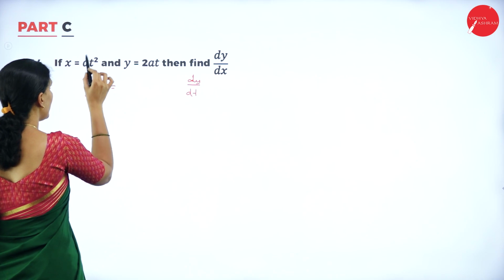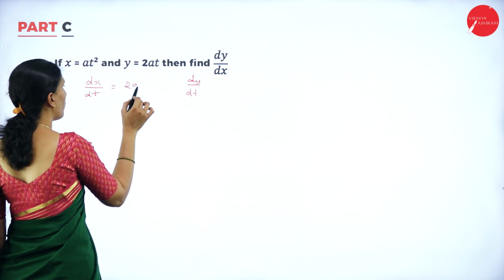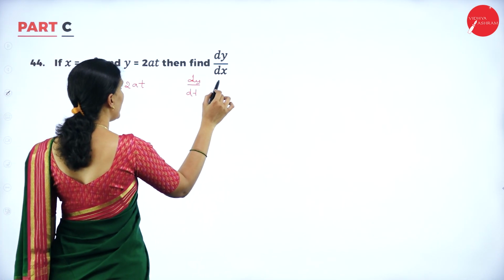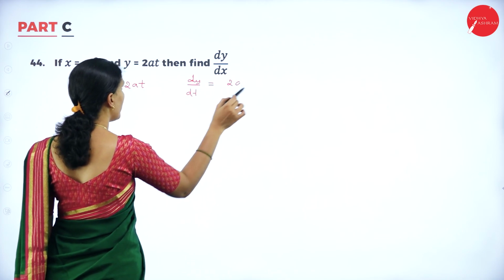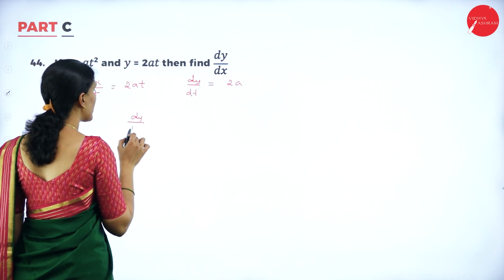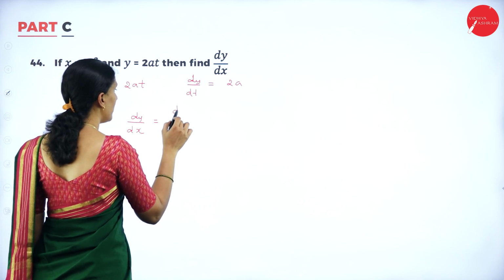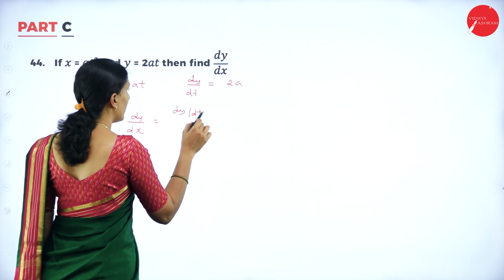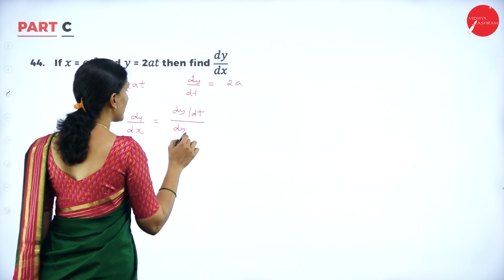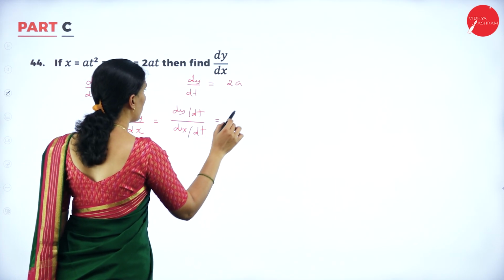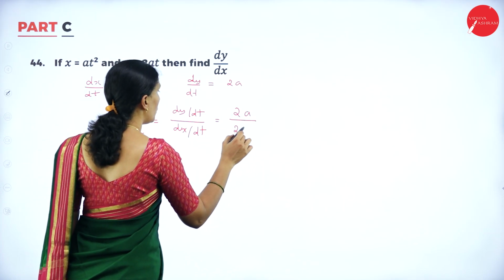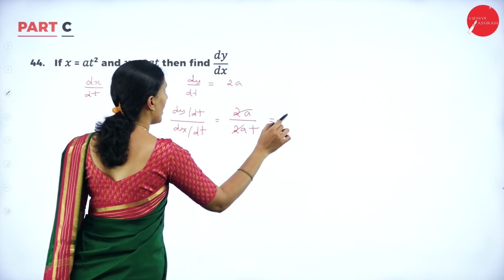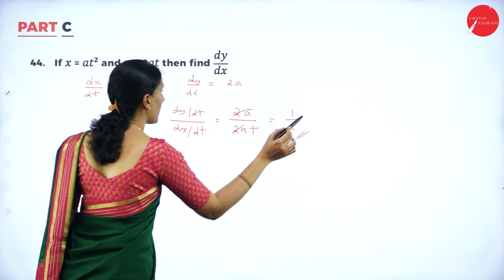So if you derive dx by dt, then it will be in the form of 2at and dy by dt will be equal to 2a. So therefore dy by dx is nothing but dy by dt divided by dx by dt, which is equal to 2a by 2at. So cancelling, the answer is 1 by t.